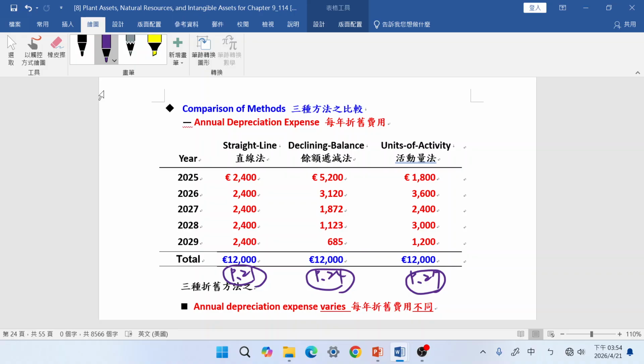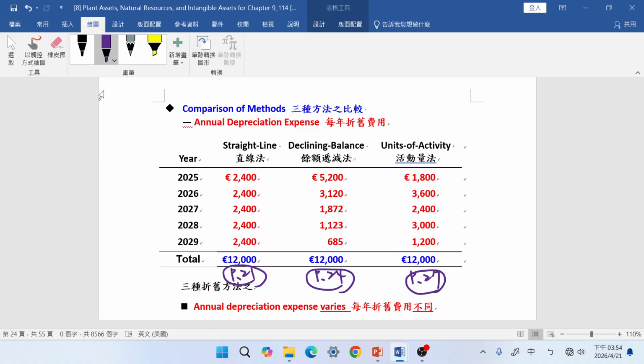Okay, so look at this table. Can you summarize anything, even though we spent 3 hours trying to get the depreciation expense for each year? So based on this, can you summarize anything?